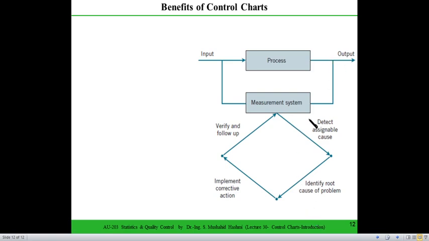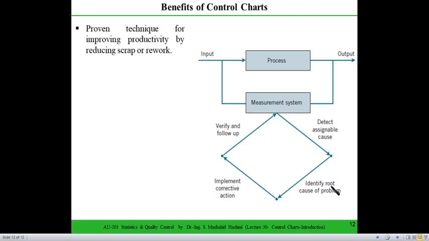Once you are able to identify it, what you need to do is the corrective action. Once you perform the corrective action, you bring this whole change into the system so that your output becomes up to the mark. So this closed cycle always works, and the improvement in the process is actually one of the advantages of working out these control charts.